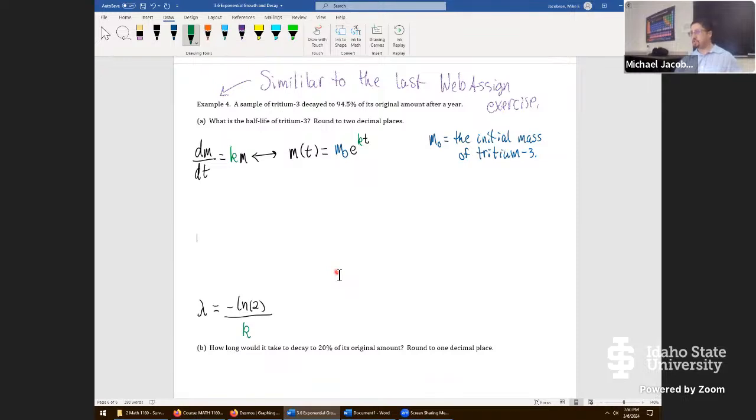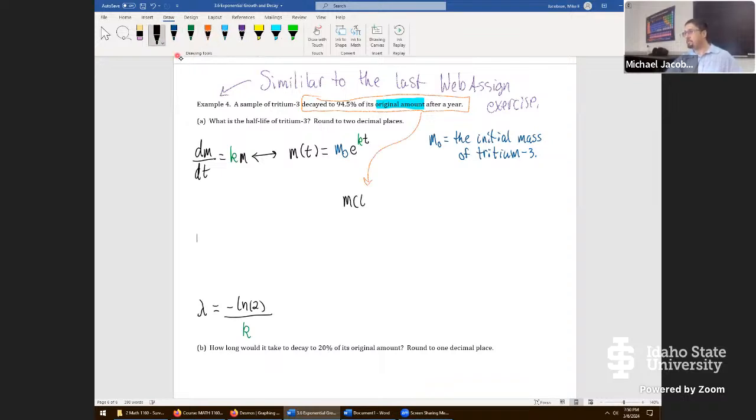Okay, well, to solve for the k value, there's still one piece of information we haven't used. They told us it decayed to 95% of its original amount after a year. And when they said original amount, they're referring to the initial mass. So this is a really, really loaded statement out of nowhere. Let's dissect this and write down an equation.